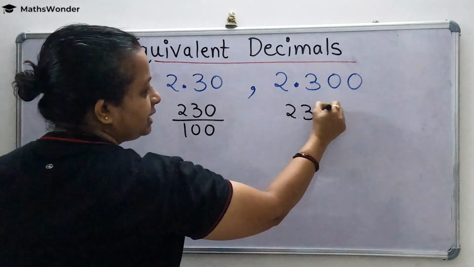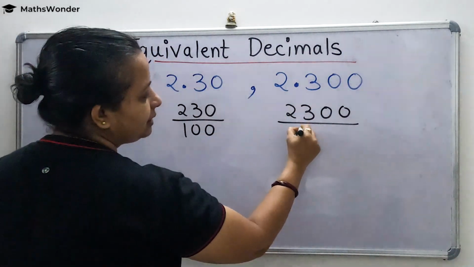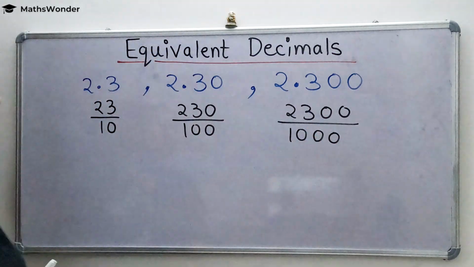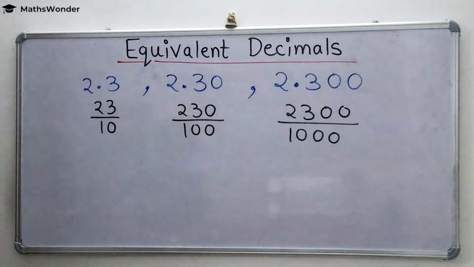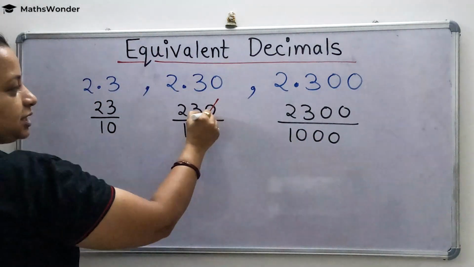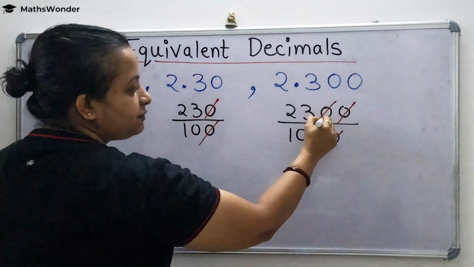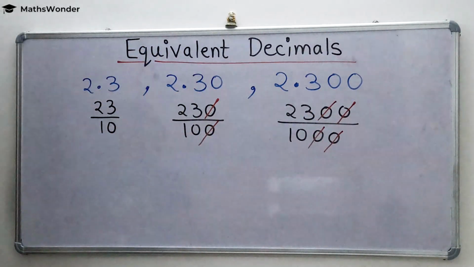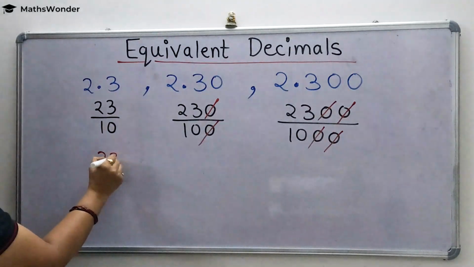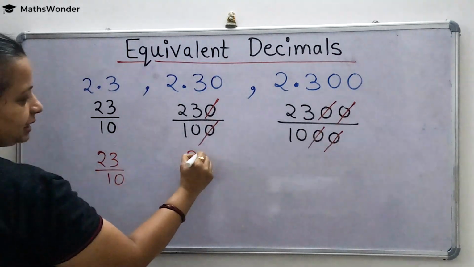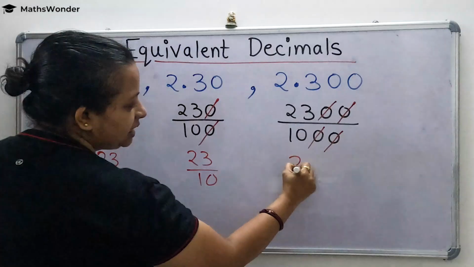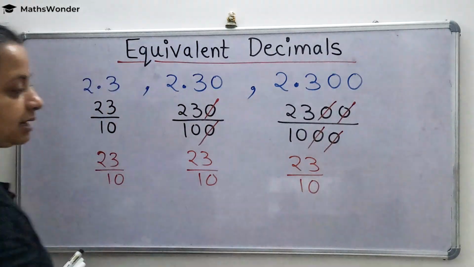Now check, this 0 can be reduced with this 0 easily. These two zeros we can simplify here. The result you can see here is 23/10. So what is the conclusion here?